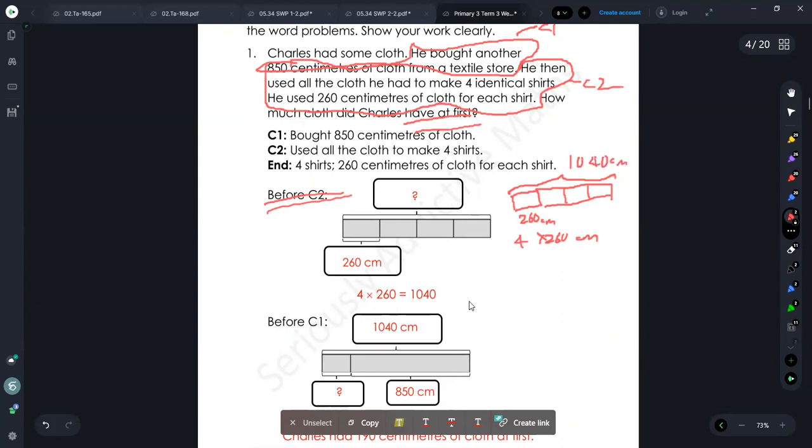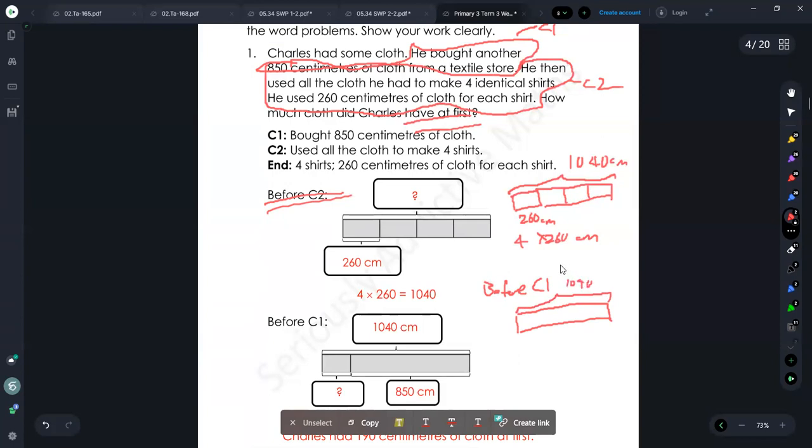Now they need to draw the next part of the model, going backwards. Before change 2, that is 1040. So this is 1040. Now what happens in change 1?